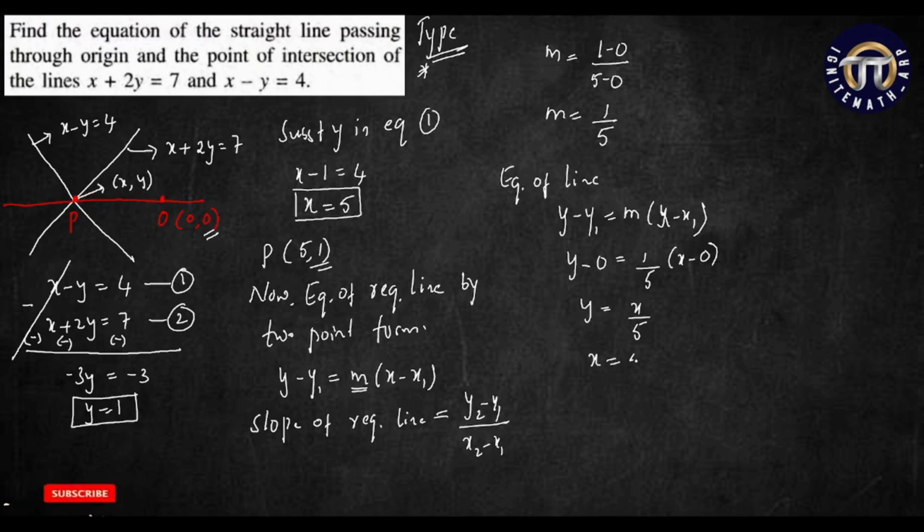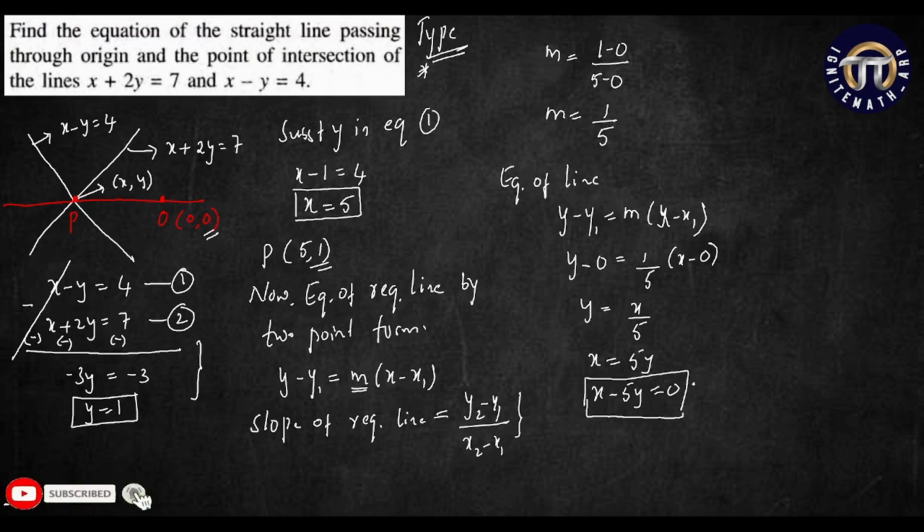So x is equal to 5y, or x minus 5y equal to 0, would be the equation of the required line. Clear, children? Okay. So this kind of question will definitely be asked for 4 marks at least, where you are supposed to find out the point of intersection as well as identify the slope of the required line and finally the equation of the required line.